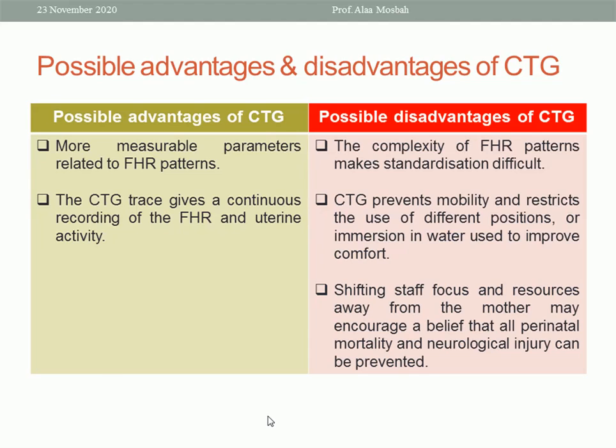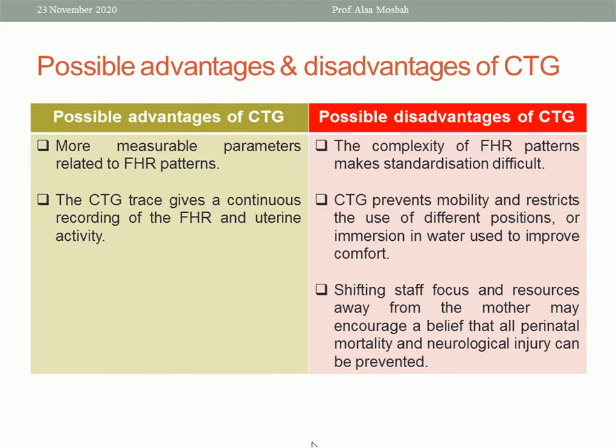The possible disadvantage: the complexity of the fetal heart rate pattern makes standardization difficult, with some disagreement between different doctors, okay, inter-observer variation.